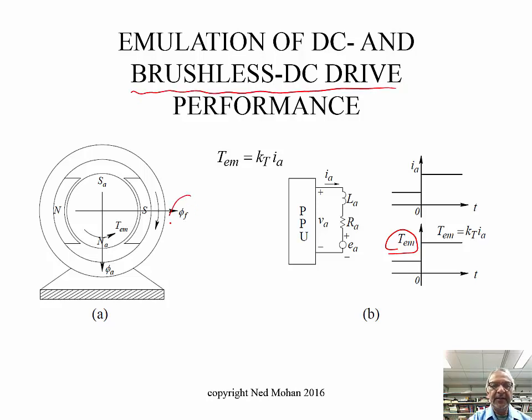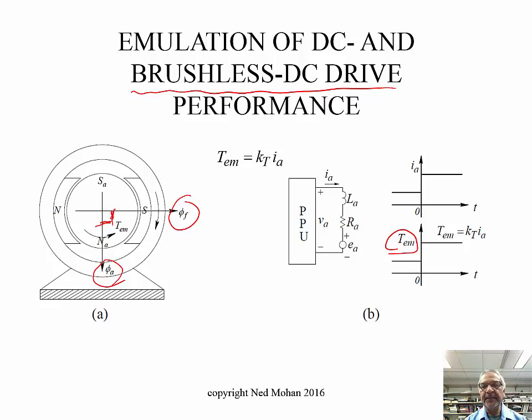We have this field flux, which is produced by these permanent magnets, north and south magnets, which are shown here. And due to the armature, brushes and commutators, we have this armature flux phi sub A at 90 degrees. That's the purpose of the brushes and commutators, to keep this angle at 90 degrees.